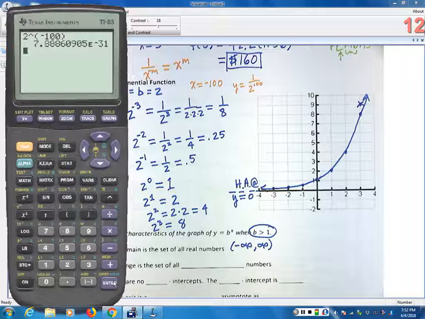And you get 8 times 10 to the minus 31. That's pretty small. That's scientific notation. We've got 30 zeros and then an 8. So that's pretty darn small, but it's always divided by 2 to the something, and 2 to the something will never make that 0. So that can never be 0.